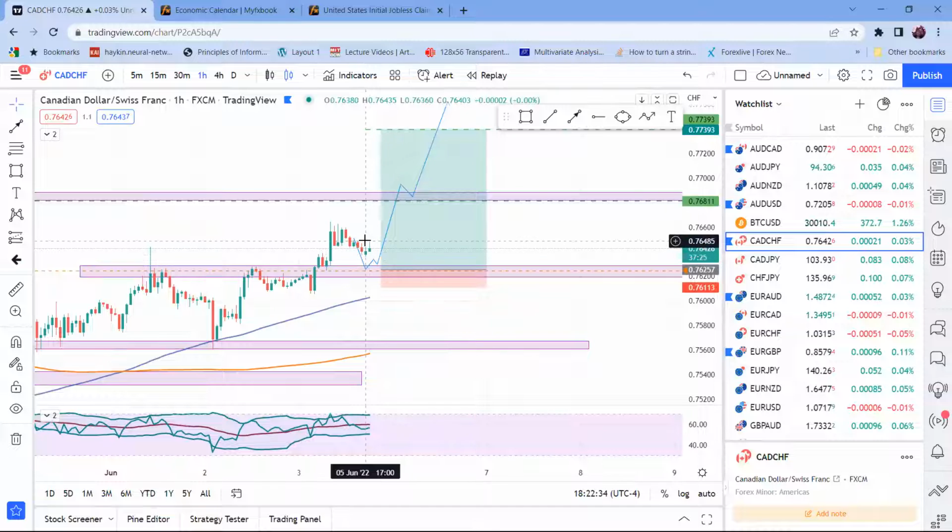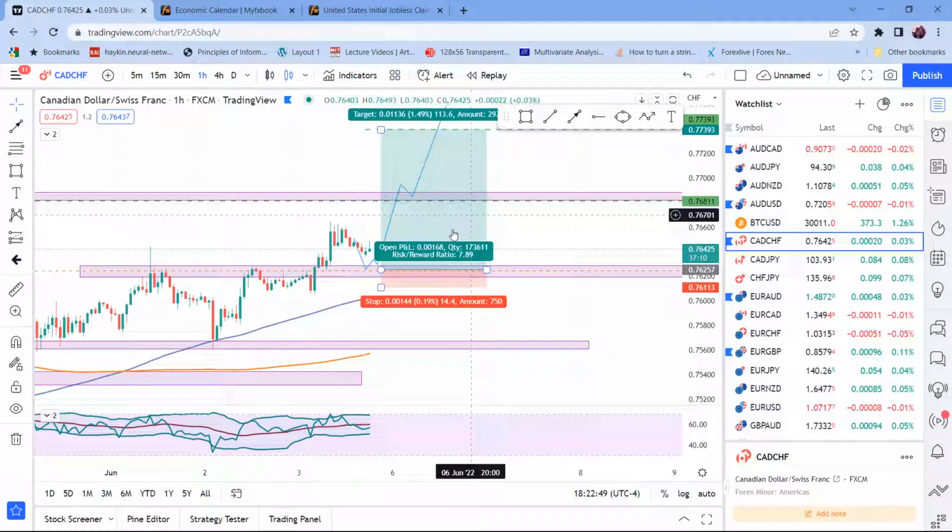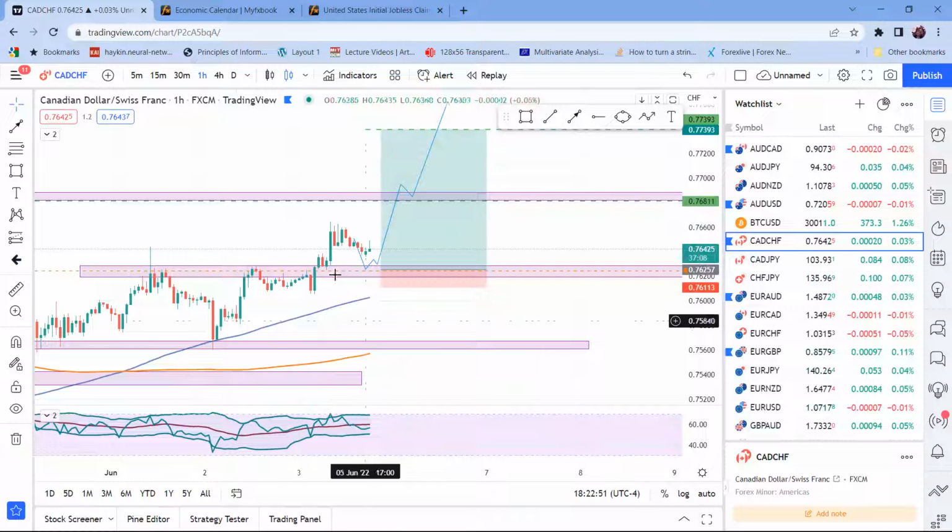The yields are just questionable when it comes to the Canadian dollar as of right now. So I'm not as sure about this trade as I would like to be to actually enter it if I see price come into here.